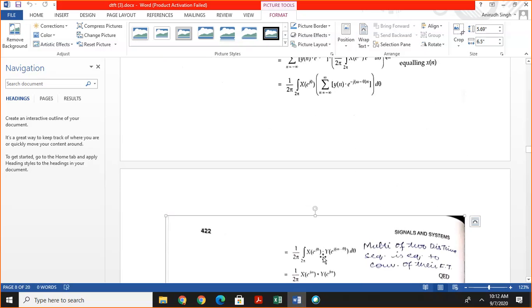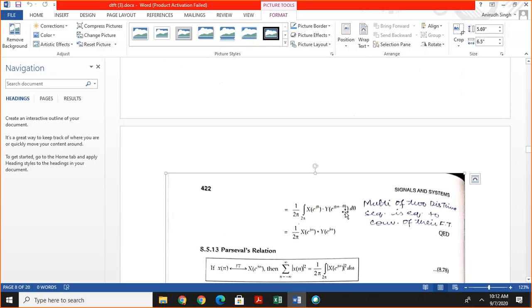So we get 1 by 2 pi integration of X of e^{j theta} Y of e^{j(omega minus theta)} d theta, which is the convolution of X of e^{j omega} and Y of e^{j omega}.